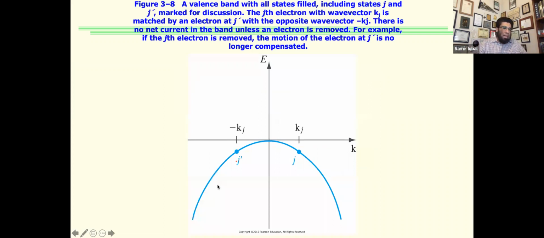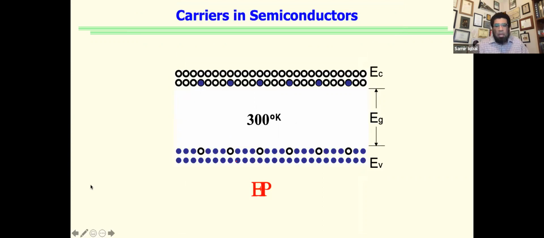But even without putting those impurities, we know there is some intrinsic amount of charge carriers available because of heat. For silicon, we know the number.